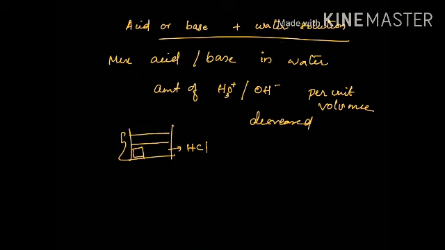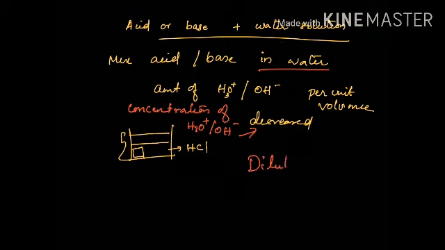We can say that the concentration of H3O plus ions or the OH minus ions will get decreased if we mix it with the water. That process by which we are mixing the acid or a base with the water, we call it dilution.